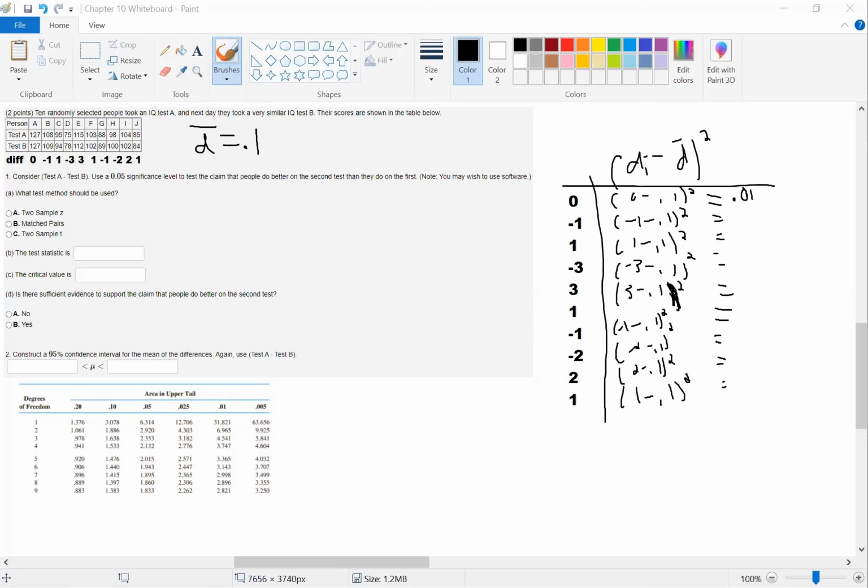-1 minus 0.1, square that, 1.21, and a little bit of time save, we have a -1 down here, which I believe is this equal sign. Now we deal with the ones, we have a lot of those, which is nice, save a bit of time.